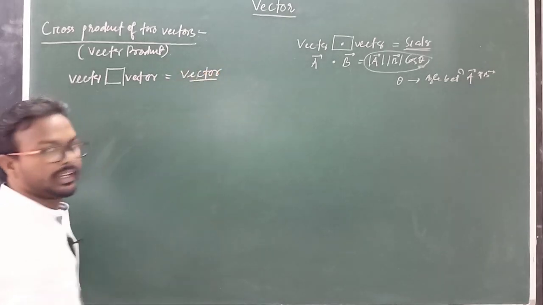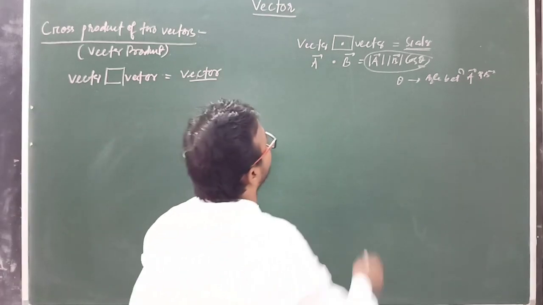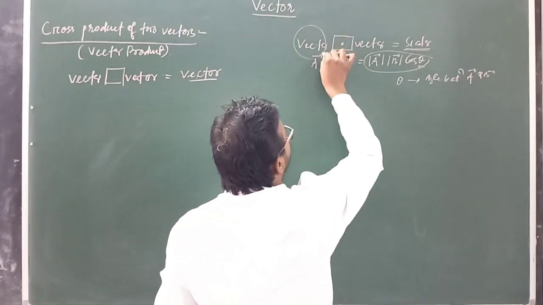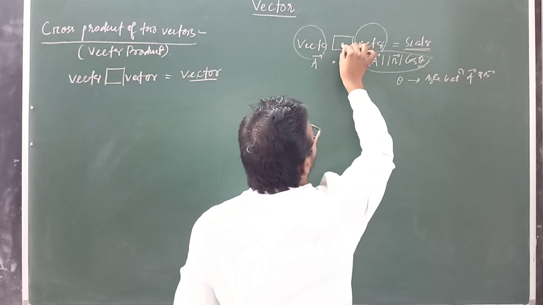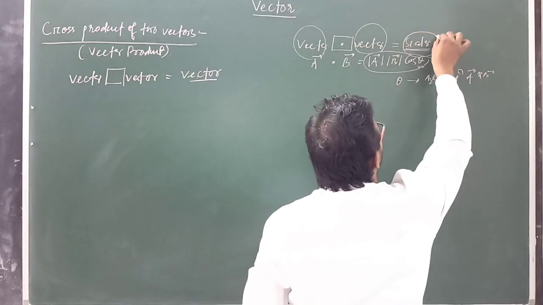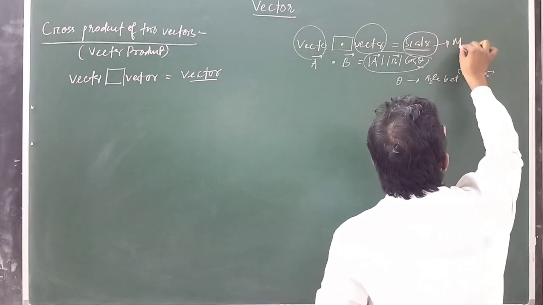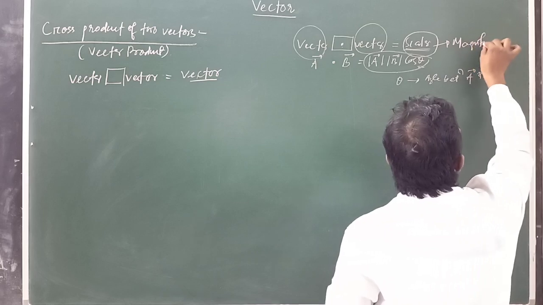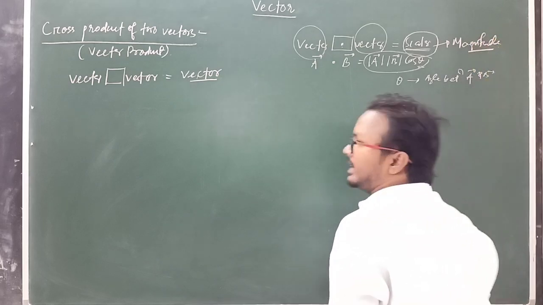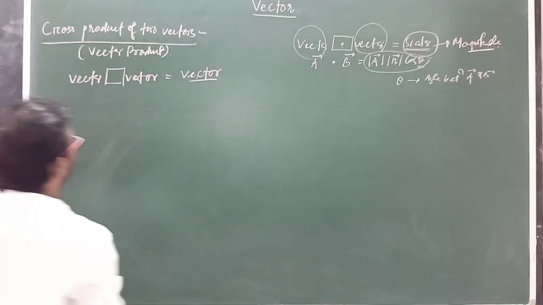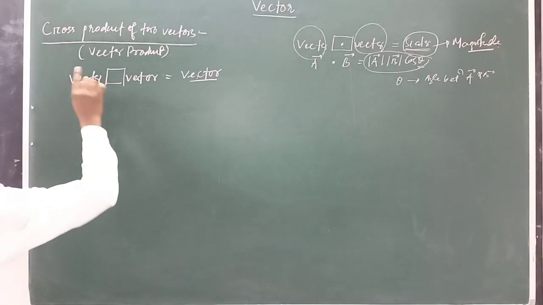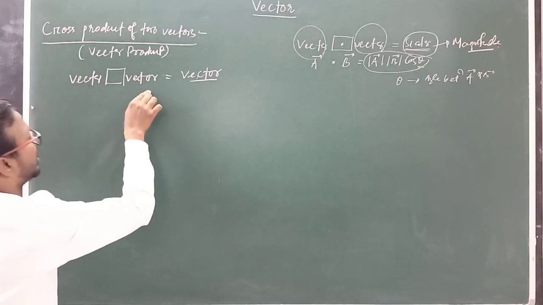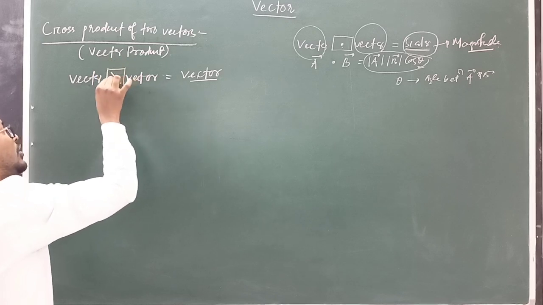This is also a vector, but when we multiply a vector and another vector with a dot sign, we get a scalar quantity which shows only magnitude but no direction. But in this case, when we multiply a vector with another vector, we have to use a cross sign.